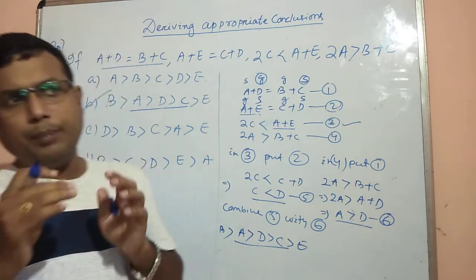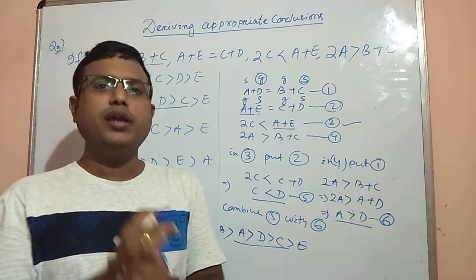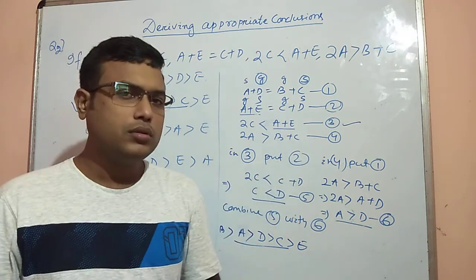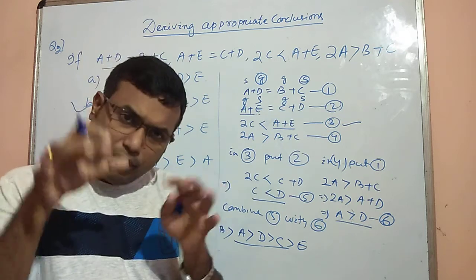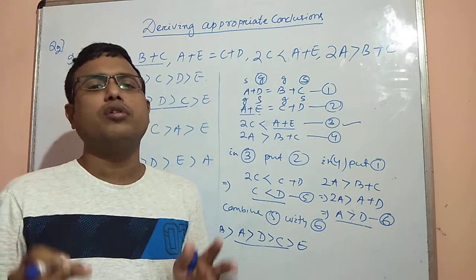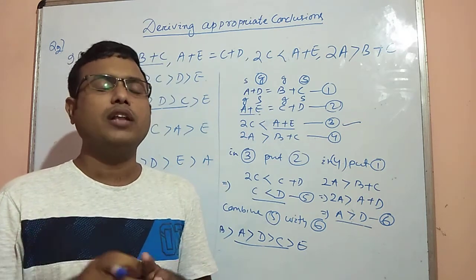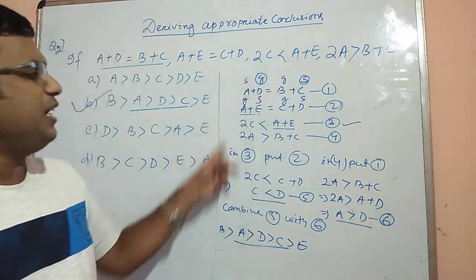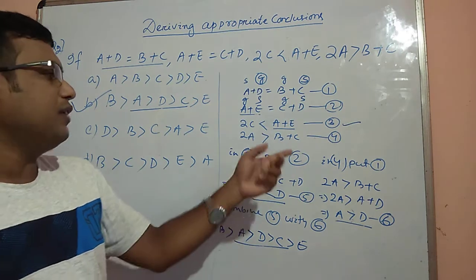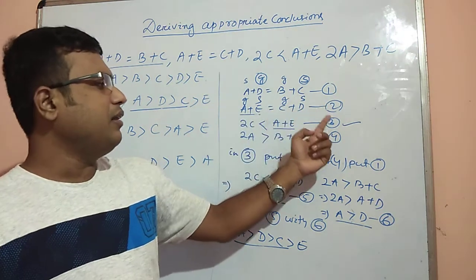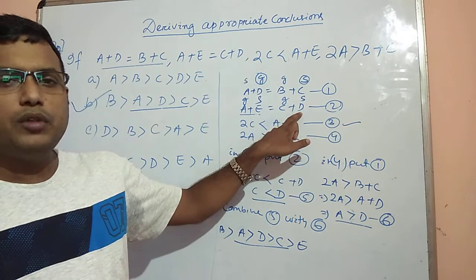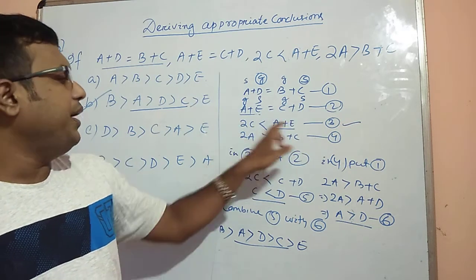So in the previous pattern we checked the path. Here you don't check the path. You try to derive the conclusion, whether the conclusion is 100% true or not. That means you mathematically derive using the above statements, right? For example, take first one, second one, third one, fourth one. In place of A plus E, put C plus D, and find the relation.